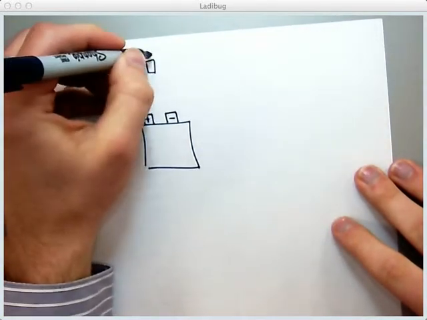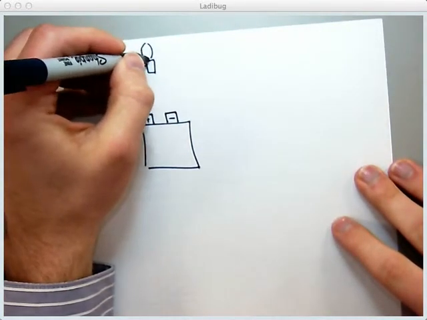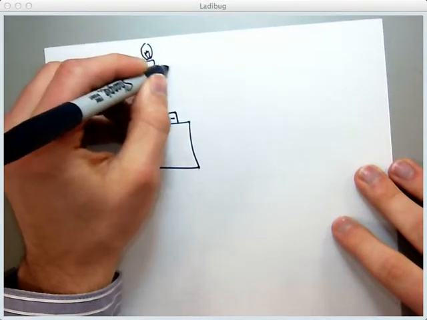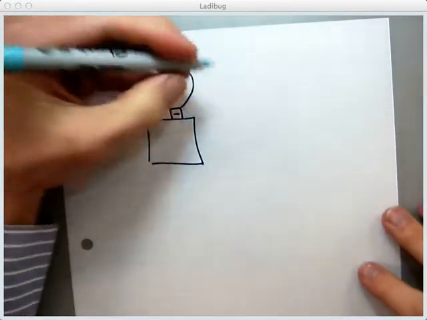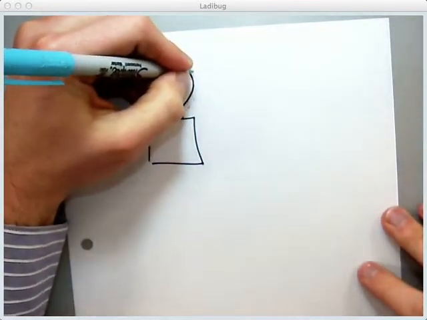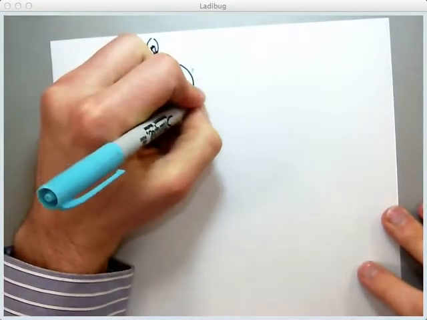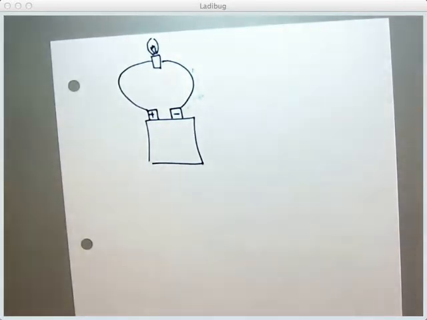The actual particle movement, electrons, would be going from the negative terminal to the positive terminal. The electrons are on the negative terminal, so they go from the negative to the positive. Actual particle movement is in this direction.